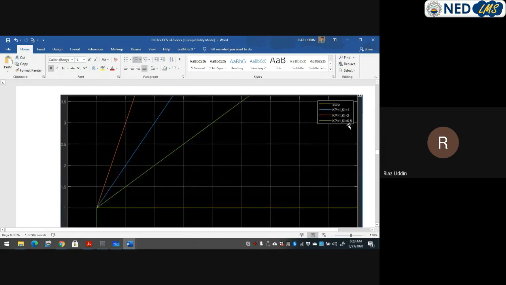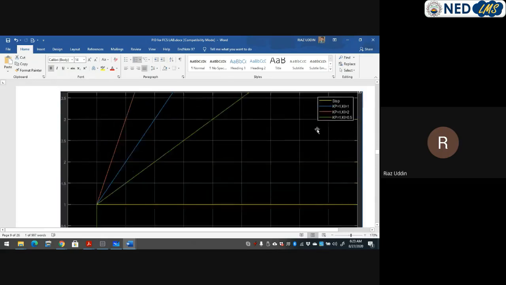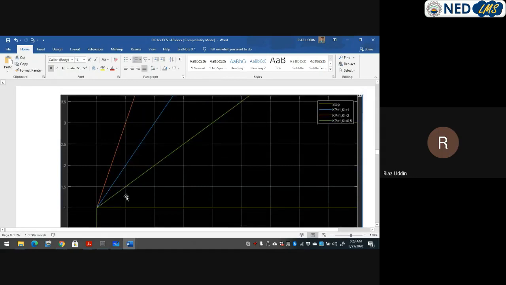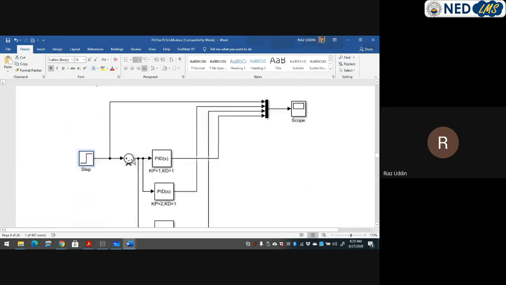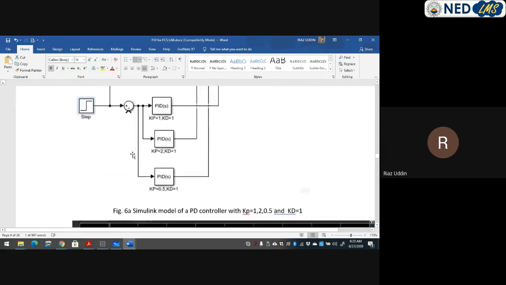There you can see the phenomenon: 1, 1.5, 2, 2.5, 3, 3.5. So you can see the lower value of ki makes the integral control trend towards the downside, and the higher value makes it go towards the upside, near 90 degrees, while the other goes towards 0 degrees.